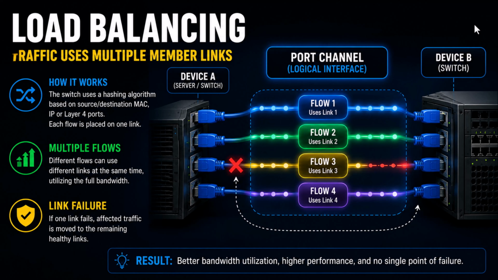Different traffic flows are distributed across different member links. So one user might use link 1, another user uses link 2, a third user uses link 3. This allows all links to be utilized efficiently without packets arriving out of order, and if one link fails, the switch automatically moves new traffic to the remaining active links.